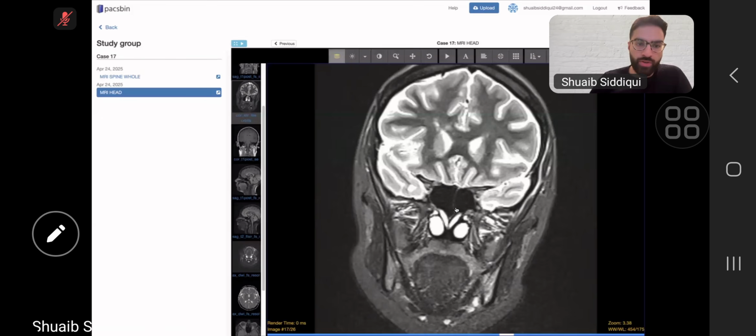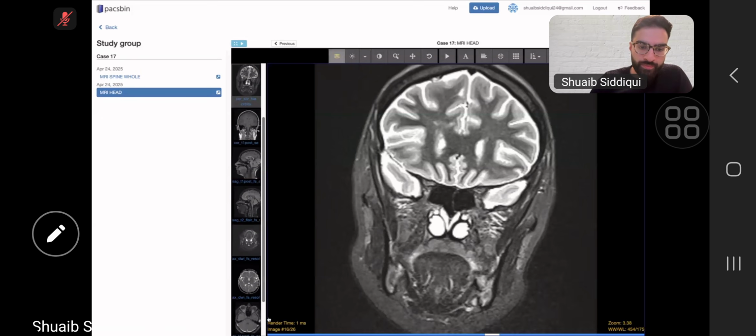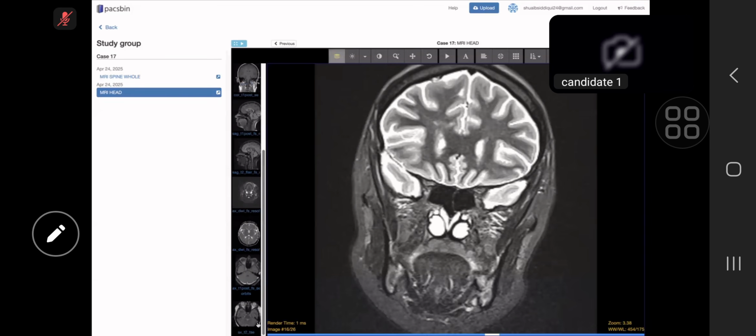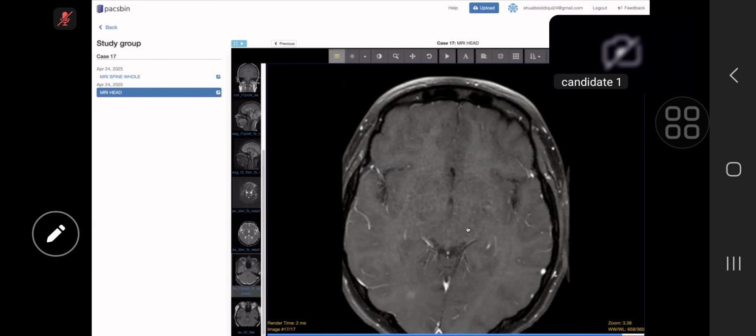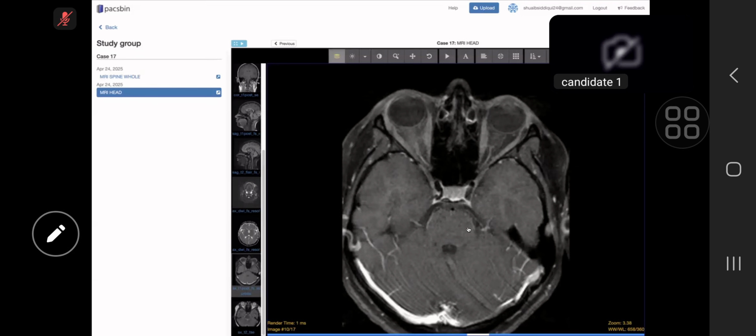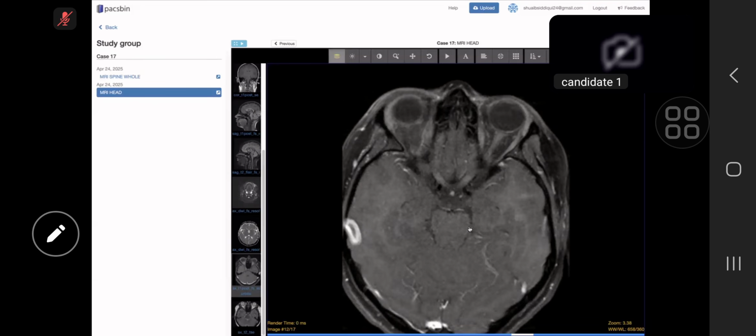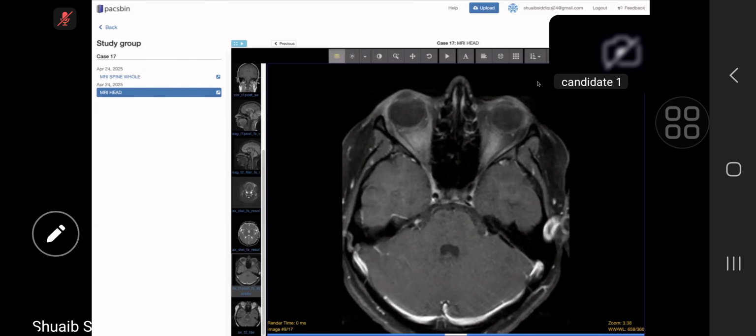There's a coronal post contrast, and there's also an axial post contrast of the orbits. Axial will be better. In the axial post contrast images, I want to center more upon the optic nerves.